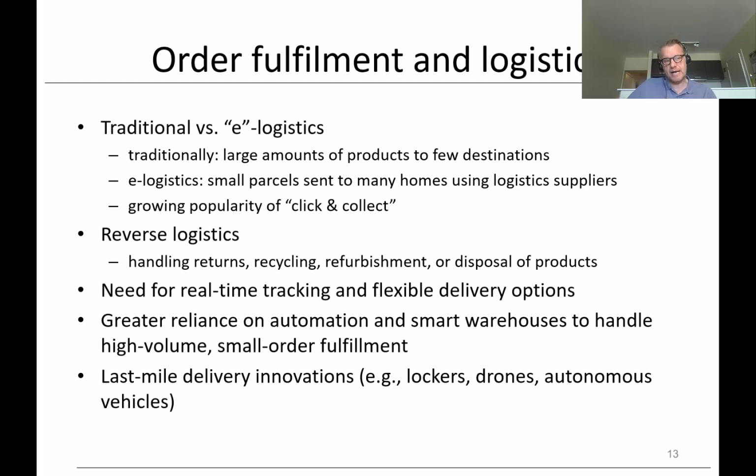Reverse logistics, as I mentioned, is handling returns, sometimes also for handling used products, for recycling, refurbishment, or disposal of products, which is very important in the circular economy, where we try to minimize waste as much as possible.